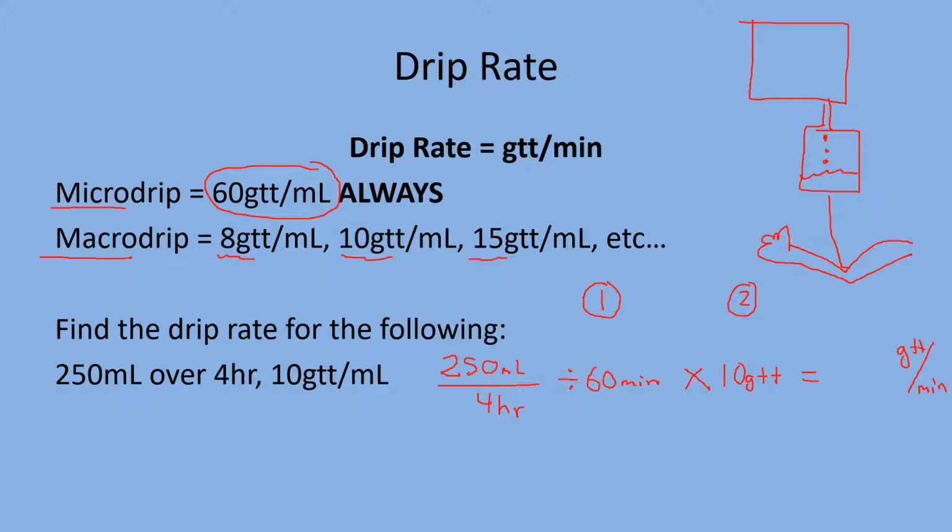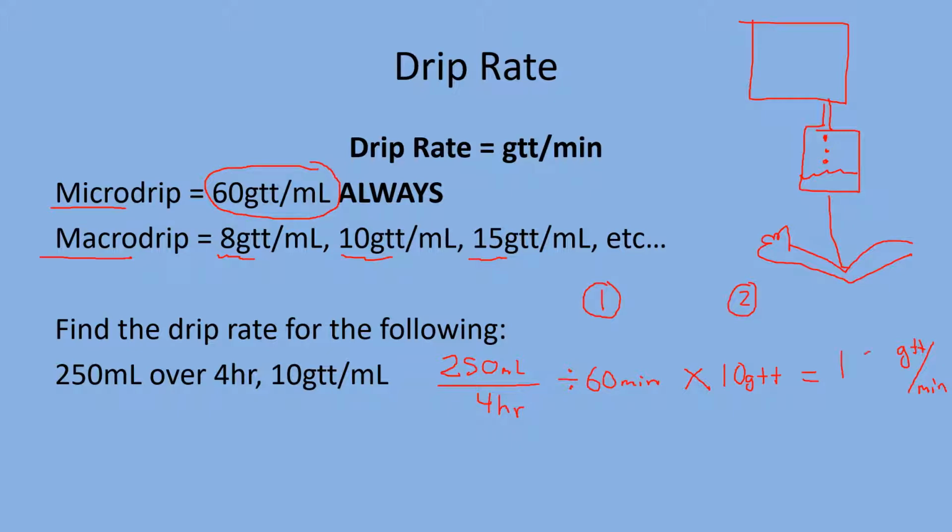So go ahead and punch that in. 250 divided by 4 divided by 60 times 10. How many drops do you get per minute? 10 point something? 10.416.